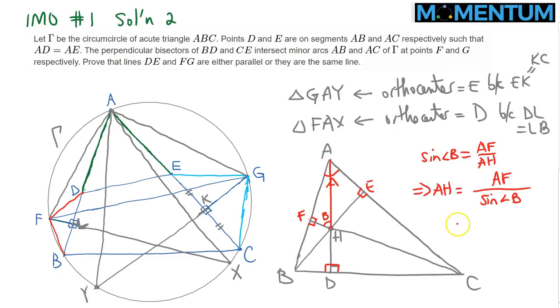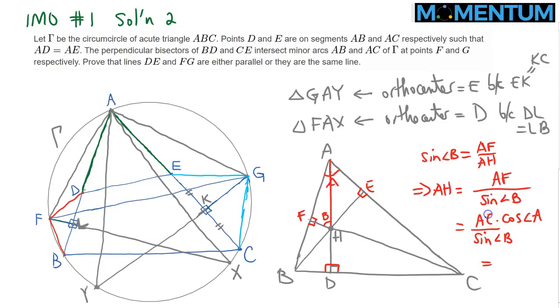So that's just equal to AF can be replaced with AC, which is the hypotenuse, times cosine A, divided by sine B. And you know why, right?